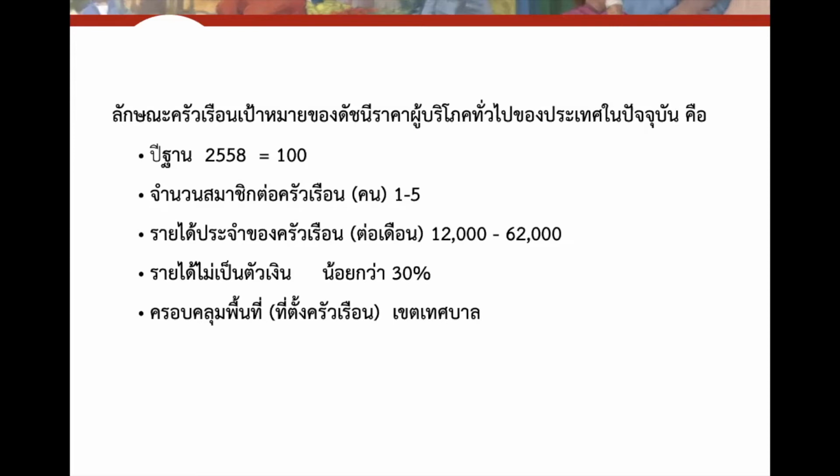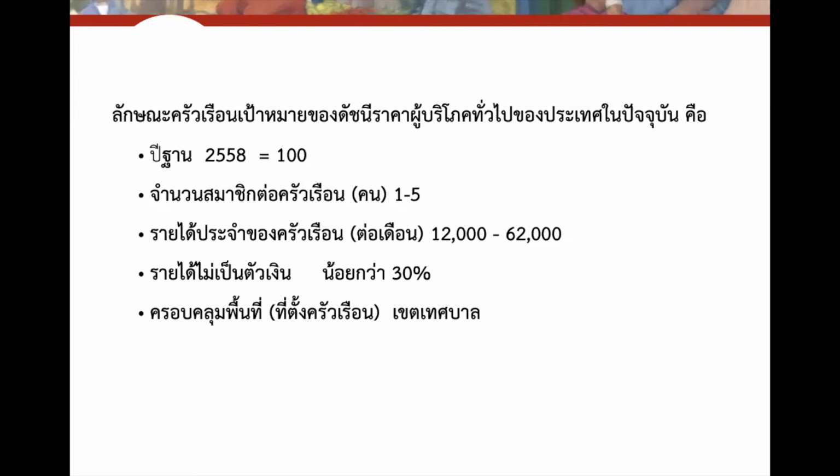So if you're looking at only this, the income of the household, you may be able to say that you are not a typical consumer. I believe that your family has monthly income greater than 60,000, right?